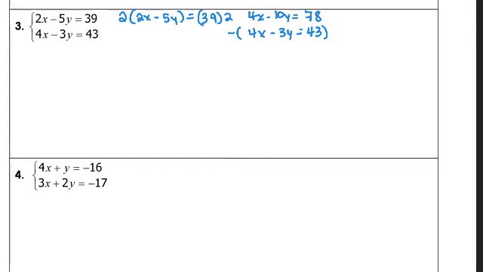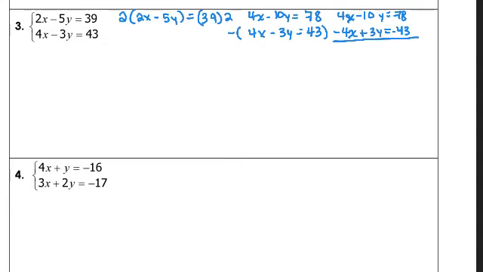So that means 4x minus 10y equals 78. And notice this time I'm subtracting the bottom one, not the one I altered, but it doesn't matter. As long as you're subtracting one from the other, that's all that matters. So basically all their signs flip, and now I have a negative 4x, a positive 3y, and a negative 43.